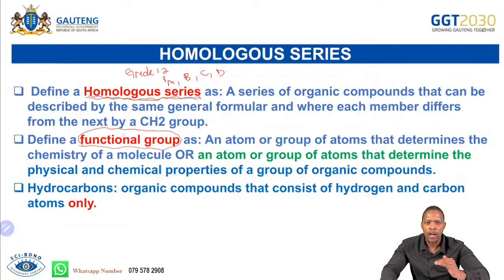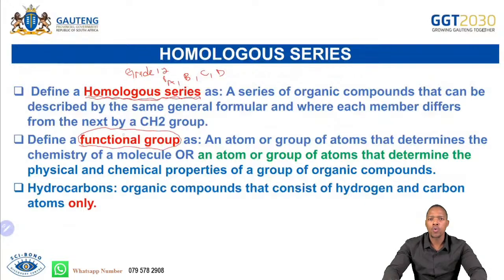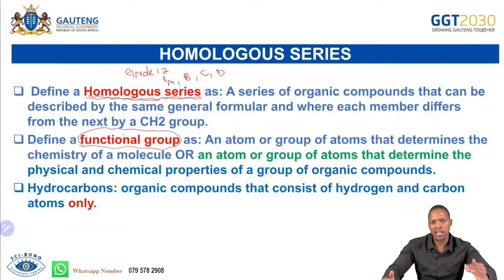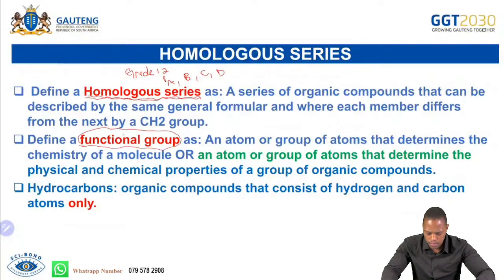So if I see this atom on the compound, then this compound must belong to this homologous series. Or if I see this group of atoms, it's an atom or a group of atoms that determines the chemistry of a molecule. Once I see this group of atoms, then I know which homologous series this molecule belongs to.